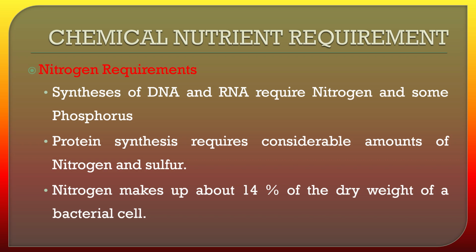Organisms use nitrogen primarily to form the amino group of amino acids of certain proteins. Some important bacteria, including the photosynthetic cyanobacteria, use gaseous nitrogen directly from the atmosphere. This process is called nitrogen fixation.